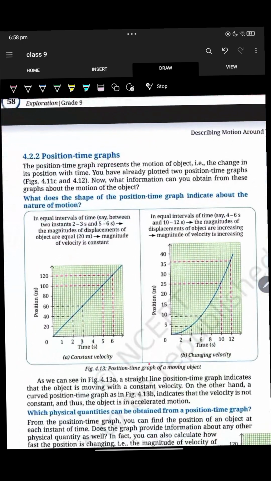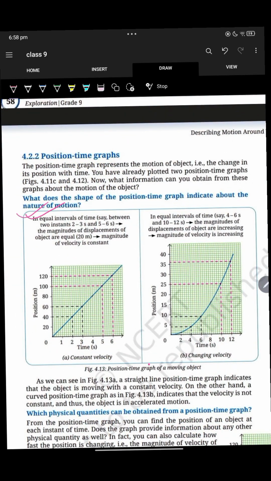Interpretation of the graph we can see here, where if it is a straight line passing through the origin, then it is showing a constant velocity for a position time plot or distance time plot. And if we see it is a curved line and the gapping is not uniform.